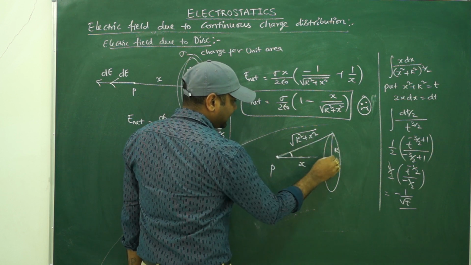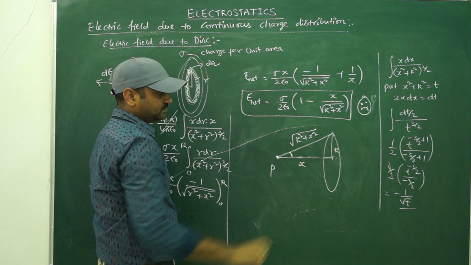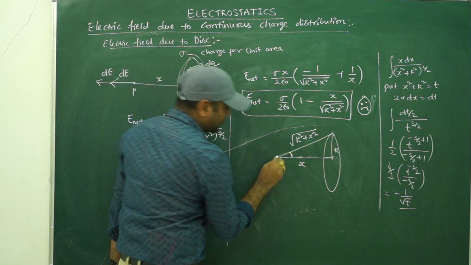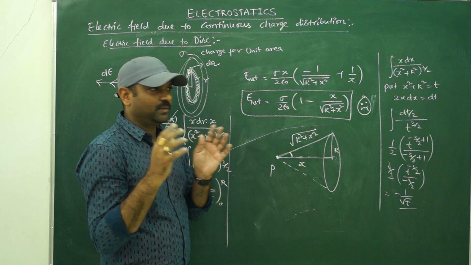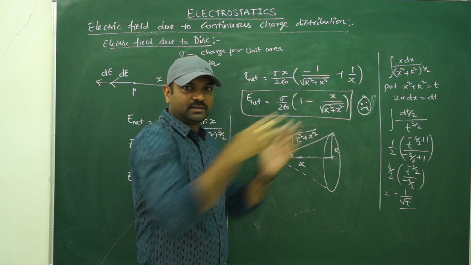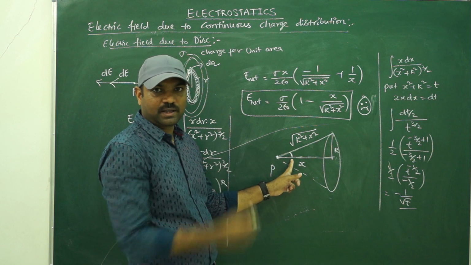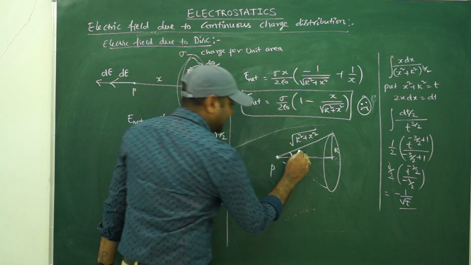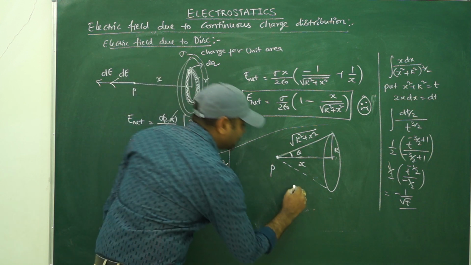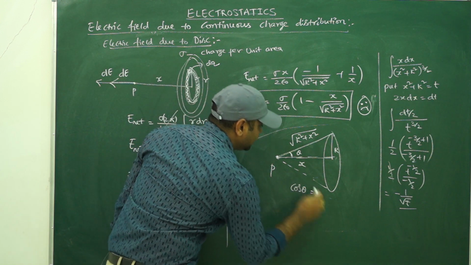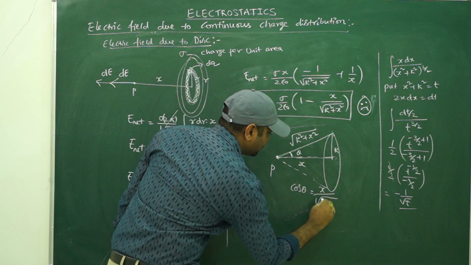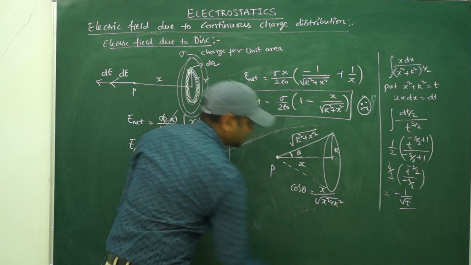The disk makes some angle at the P point. If I connect every point of the disk's edge to P, you get a cone. So that semi-apex angle I am taking as theta. Then cos theta is equal to x by root of x square plus r square.